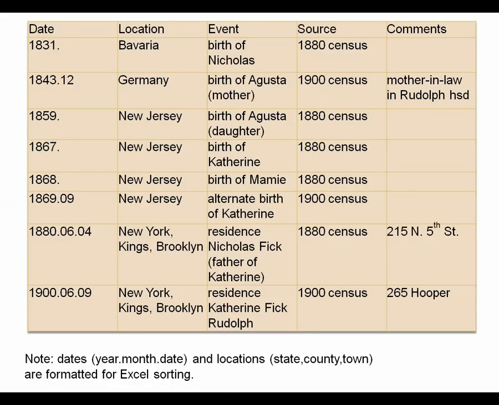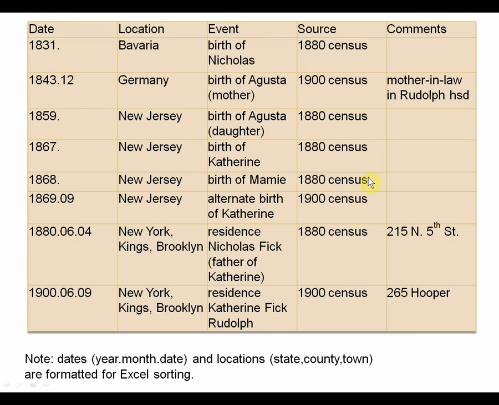All right, the last item that I want to talk about is timelines. I use these frequently to organize the information that I have into a chronology of a person's life so that I can help decide whether I have two separate individuals who happen to share the same name, or whether the activities, the facts that I have really reflect a single person.